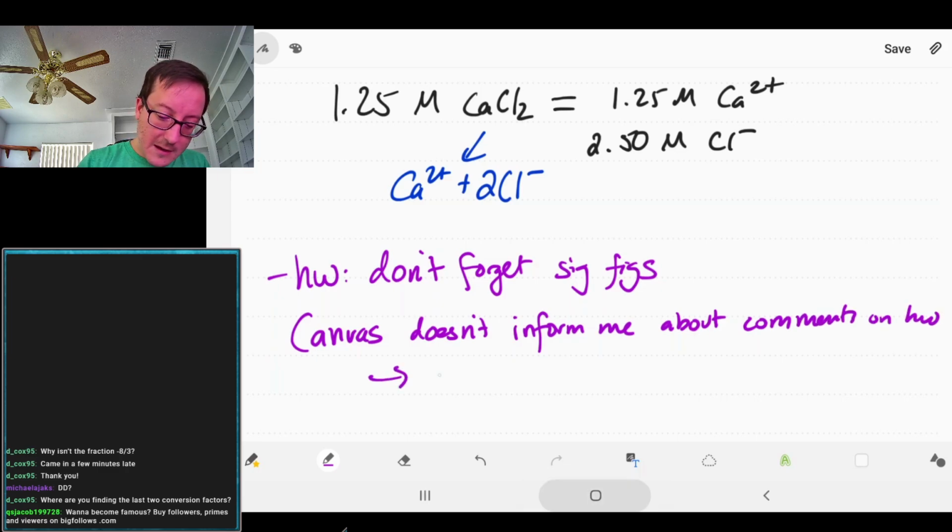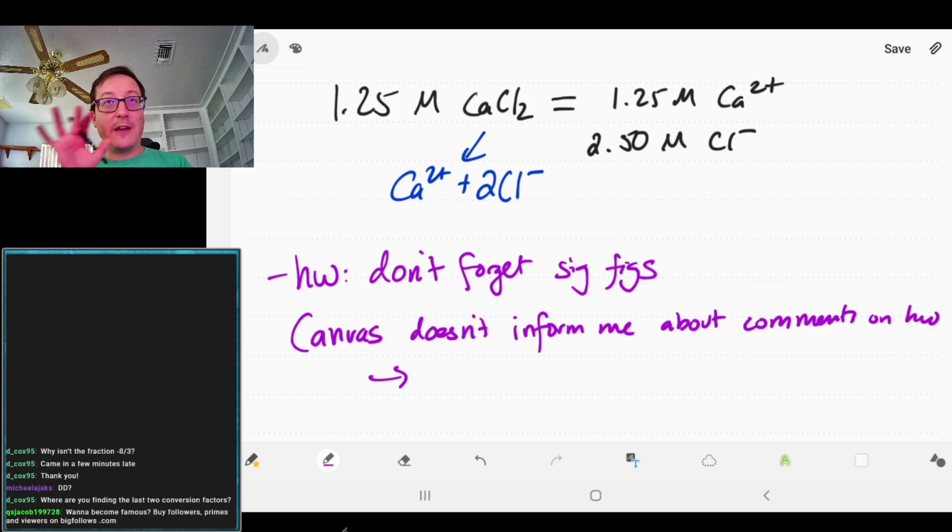So sometimes I'll put a comment on your homework. Often, remember, I don't, just because 300 homeworks a week takes a long time to grade, right? So Canvas doesn't tell me if you comment on something after I've already graded it. I'm not going to go back and look at these things again.